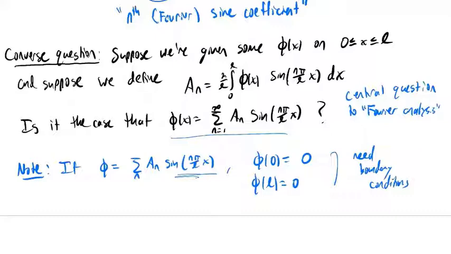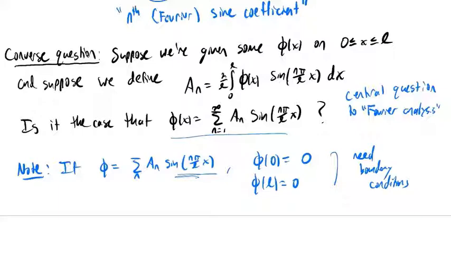Okay, and so for the last part of the lecture today, we're going to look at an analog: instead of sine series, we'll be looking at series involving cosines. It turns out you can ask the analogous question where instead of sine of n pi over L, you have cosine of n pi over L times x. And this is also related to a particular boundary value problem in partial differential equations.